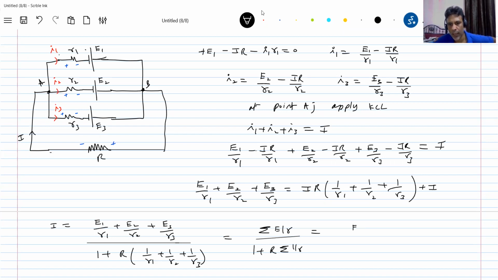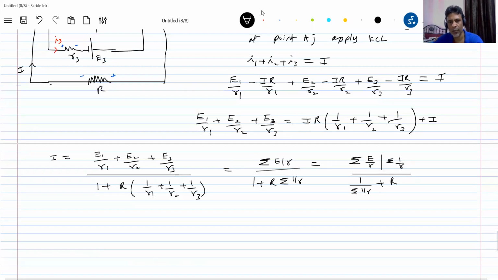This I'll rearrange further: summation of E by R over summation of 1 by R, all divided by 1 by summation of 1 by R plus R. There is some generalized formula.